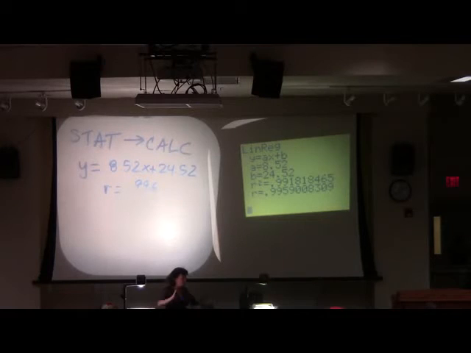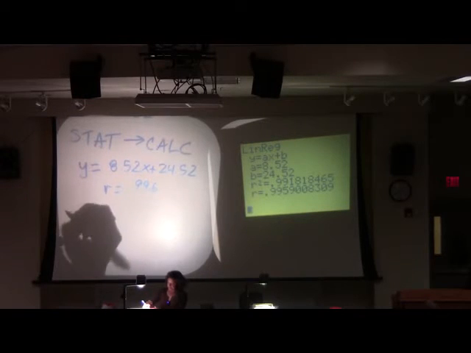Now, I want to do 3 computations with this line, and then we're going to do another practice. Okay? Because there's no point in computing a line unless we get to play with it. So, my first computation that I would like us to do is the following.